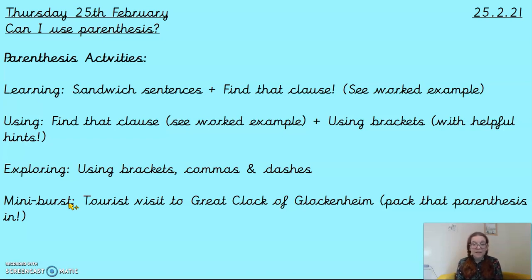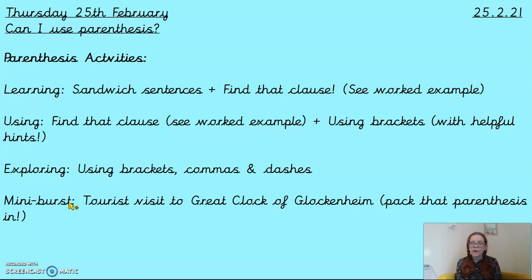You are going to be describing the figures that come out of it. Remember, it's got a saint figure that comes out on its saint day, and it takes 12 months for the whole clock to work its way through all of the figures it's got. You can always go back and listen to the guided reading session when we read that description of the great clock of Glockenheim as well, if you want to remind yourself.